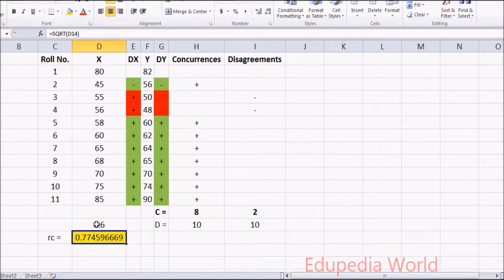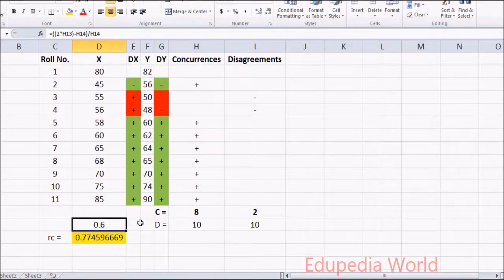Now the sign of this is positive; the sign is taken from here. If this is positive, the value will be positive. If this value is negative, the value here will also be negative, but for the purpose of taking the square root, we will ignore the sign of this, we will just take the number and take the square root. So that point should be clear, and you must remember this point while solving a problem.